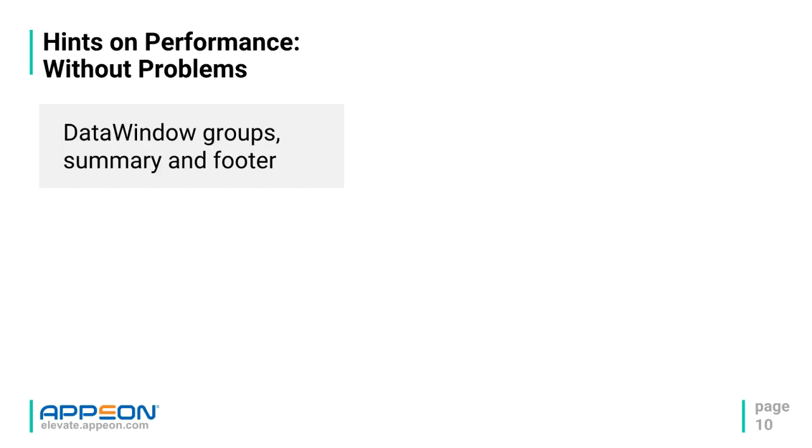Okay, hints on performance. Here is some stuff which is without problems. You can do it, and it's not going to affect the performance a lot. You can do DataWindow groups, summaries, footers, and you can put stuff in the graphical DataWindow, no problem.